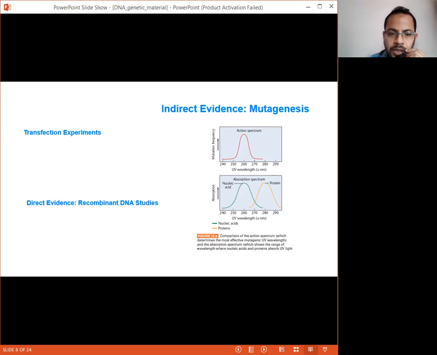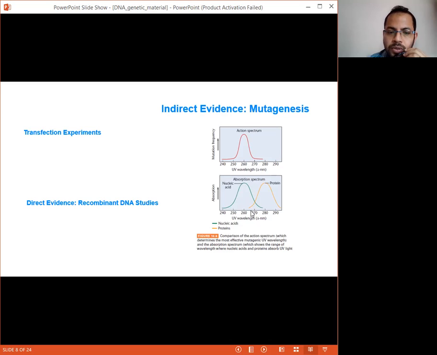Okay. On the other hand, if you follow the absorption property of such UV wavelength, say for example, if you apply this 260 nanometer of UV light, you will find that for nucleic acid the absorption is maximum.